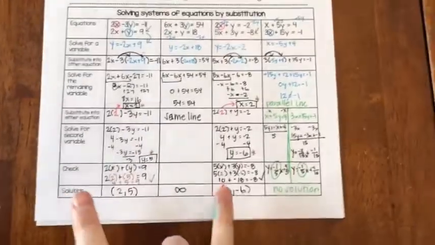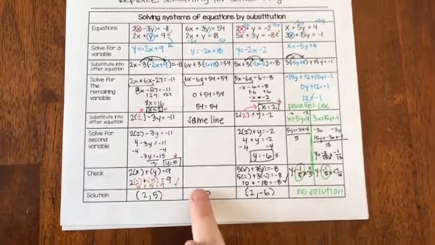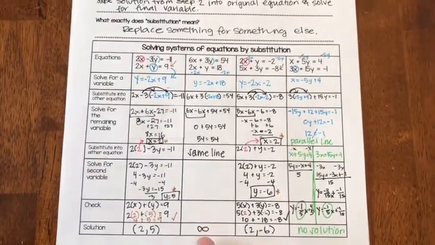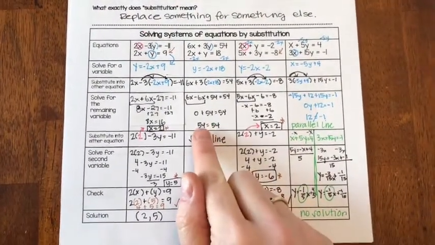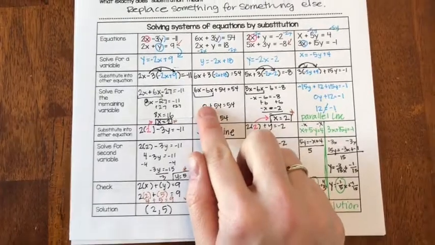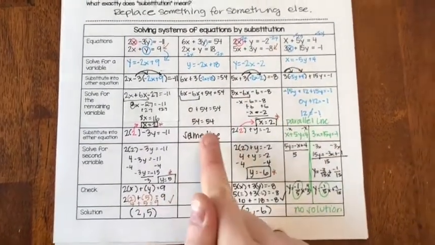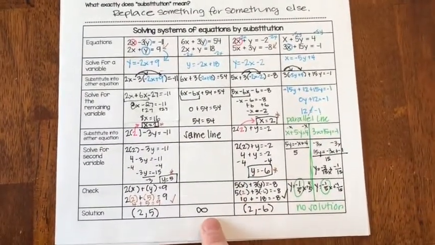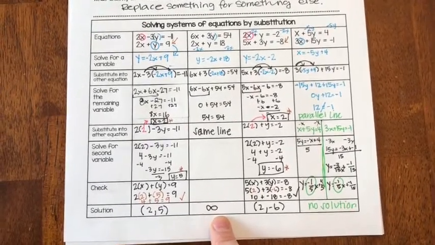All right, so we've done two examples with one solution, and an example where there's the same solution. A note that you might want to write yourself: when you have a number that equals a number, a true statement, but you no longer have a variable, it cancels out the variable, it's the same line, so there is an infinite number of answers.